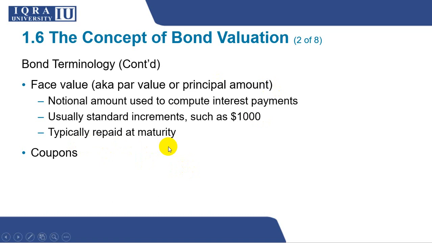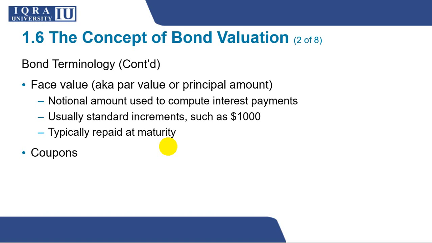Whatever the face value, that face value is given when it matures. Matures means when the contract period ends. Whatever the contract you are making, only the terminology changes. This is the loan from the public, and maturity means when the contract end date arrives.